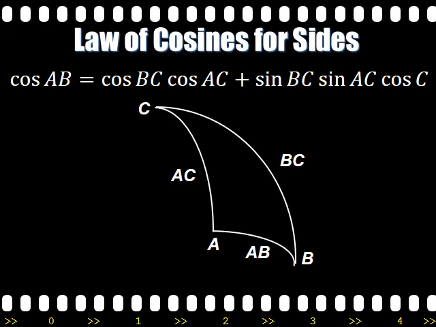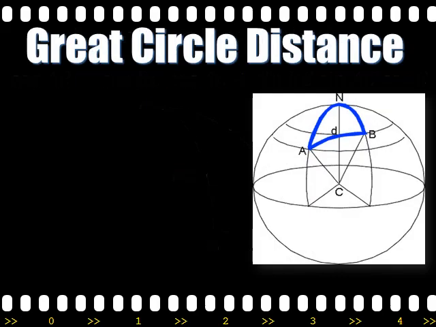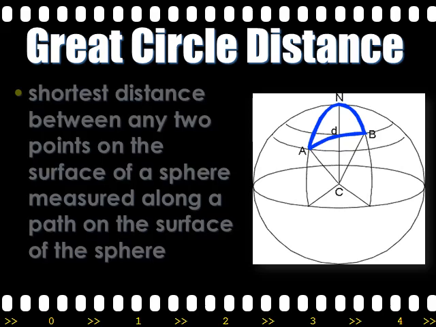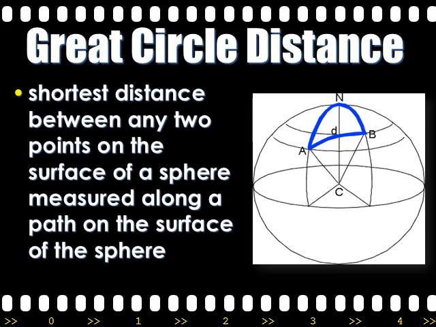Okay, now let's see, paano natin ito magagamit sa navigation. Okay, ginagamit natin itong law of cosines for sides sa pagka-compute ng great circle distance. So, ano ba yung great circle distance? So, the great circle distance is the shortest distance between any points on the surface of a sphere, measured along a path on the surface of the sphere.